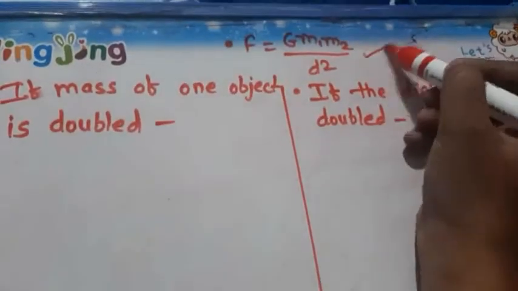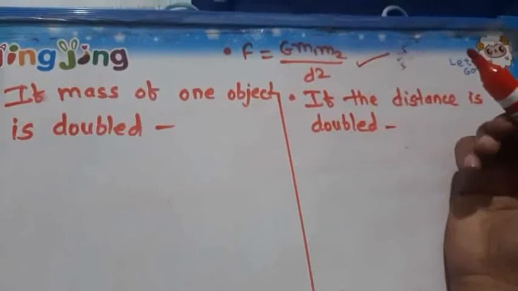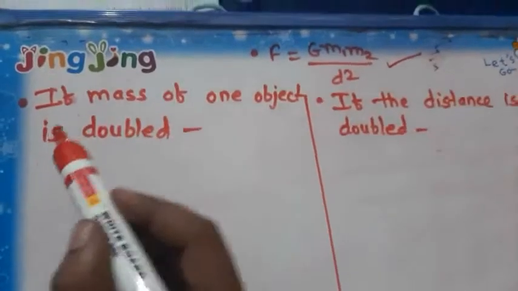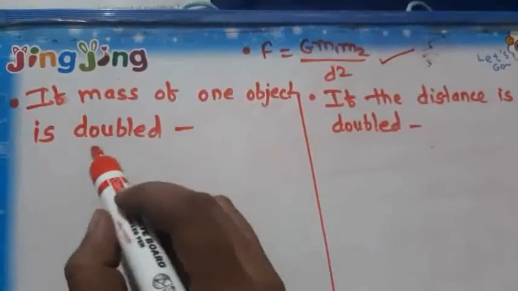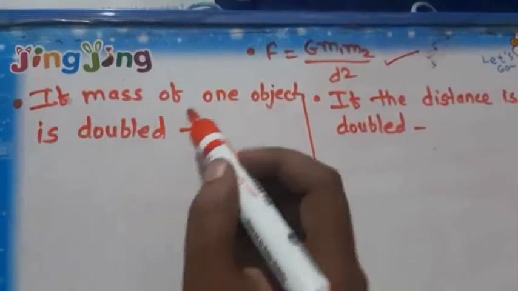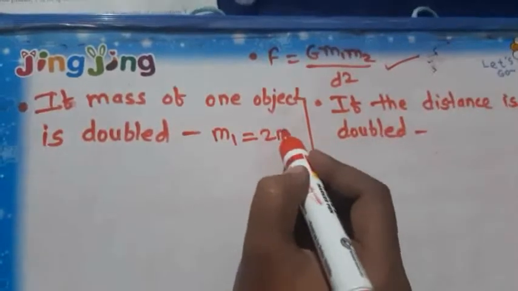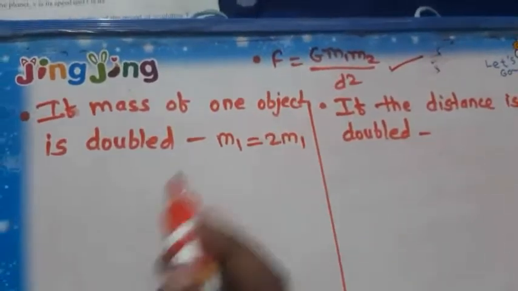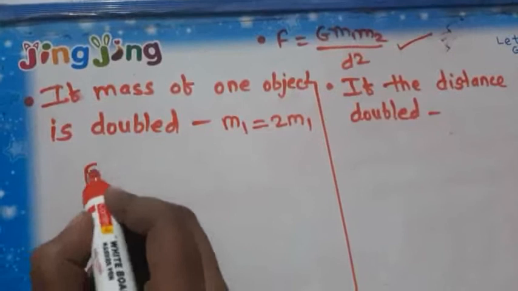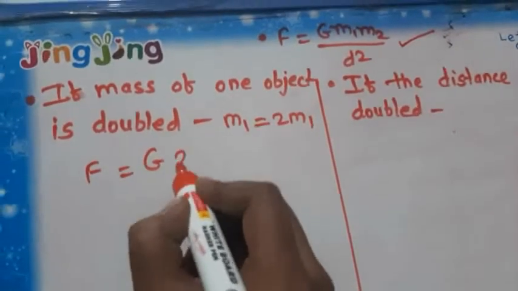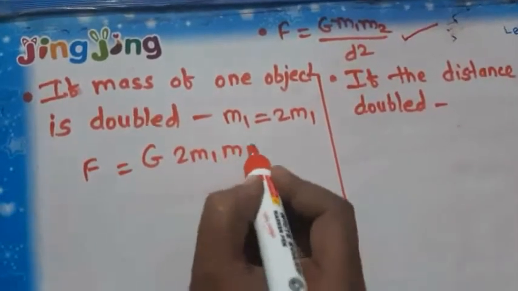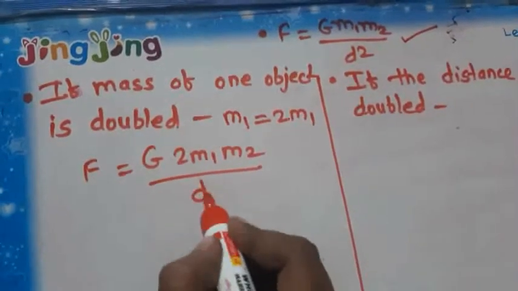Based on this formula, various conditions are asked. For example, if the mass of one object is doubled. Suppose mass m1 is doubled. Doubled means multiplied by 2. So this equation will become F is equal to G 2m1 m2 divided by d square.